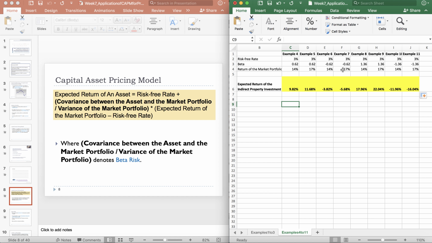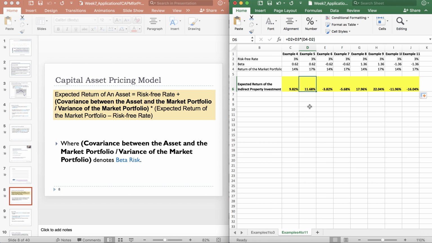We will find that when the market portfolio return increases, for example by 3%, the investment's expected return using the CAPM model will increase by less than 3%.